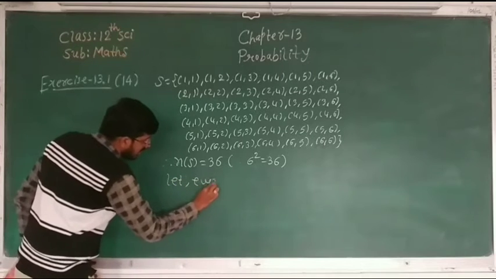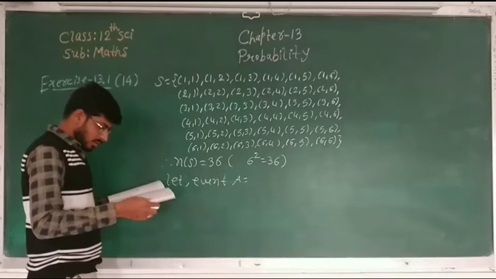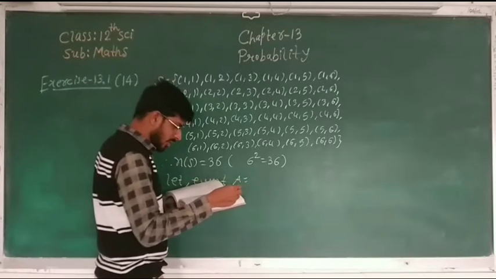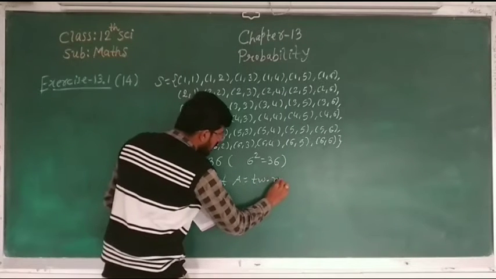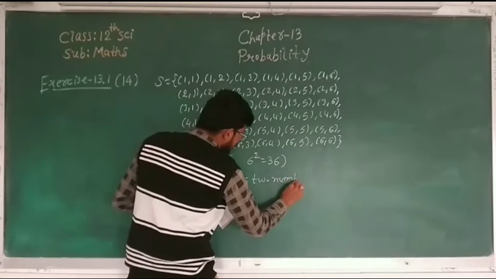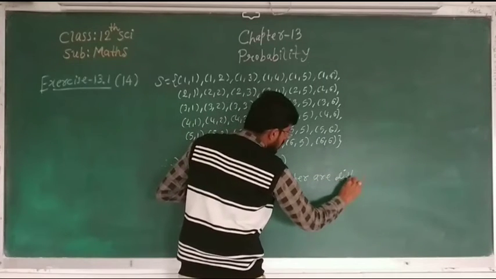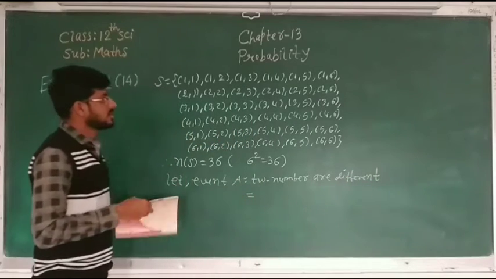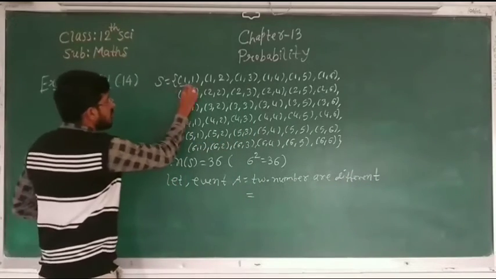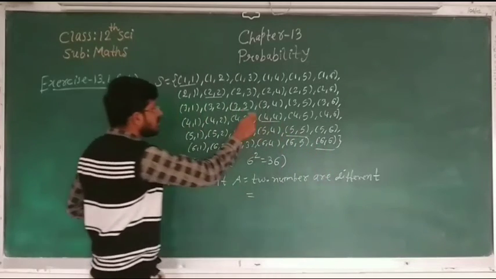That event A is equal to the two numbers on the dice are different. So see, in the sample space, 1 1, 2 2, 3 3, 4 4, 5 5, 6 6, both numbers are the same.